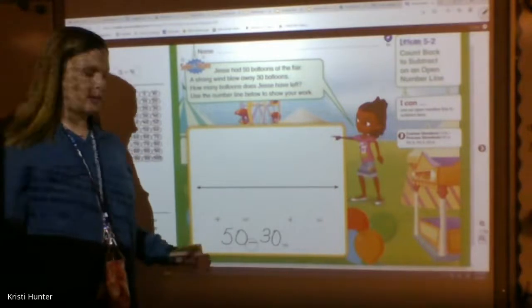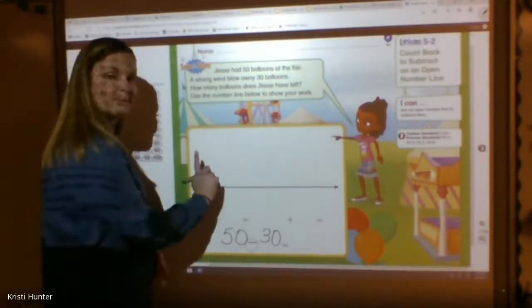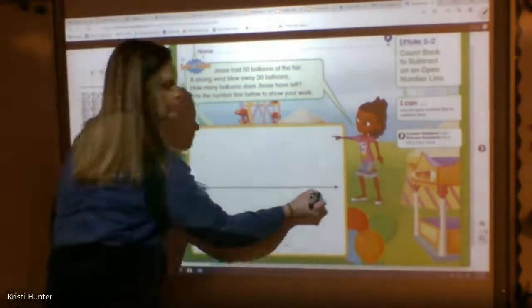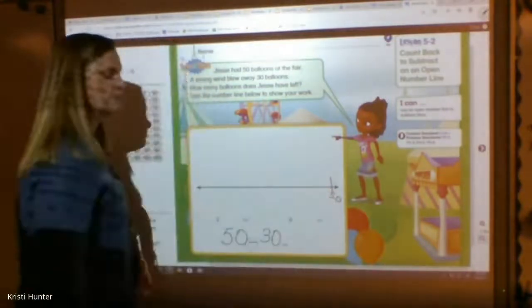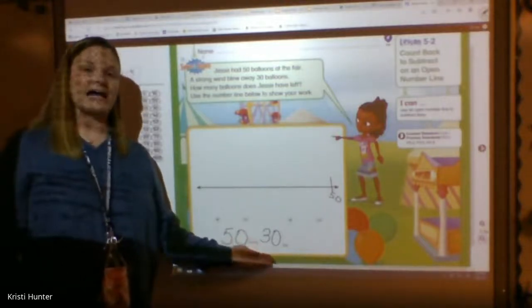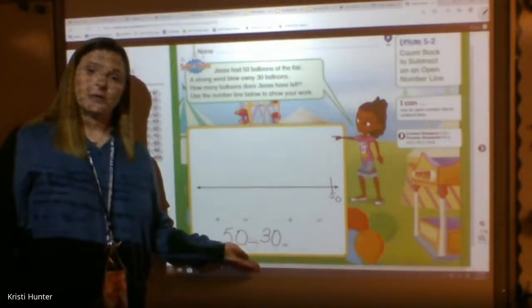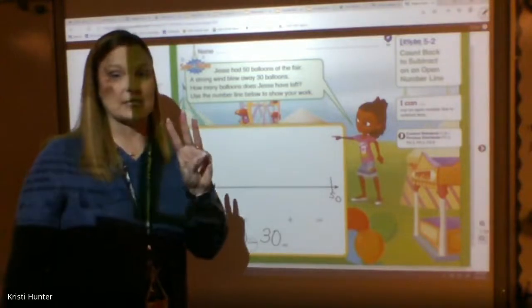So on my open number line, I'm going to start with the biggest number, which is 50. And my big number, remember, would be all the way to the right on my number line. So I'm going to start right here and make this my number 50. Now, when I look at this number 30, I want to ask myself, how many tens is in 30? The answer is 3.